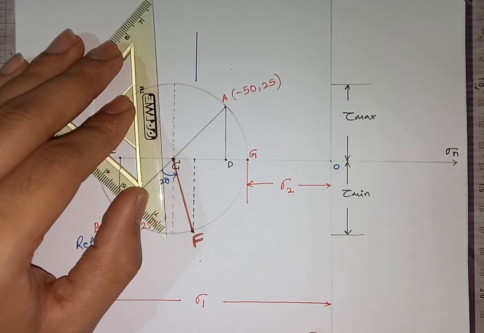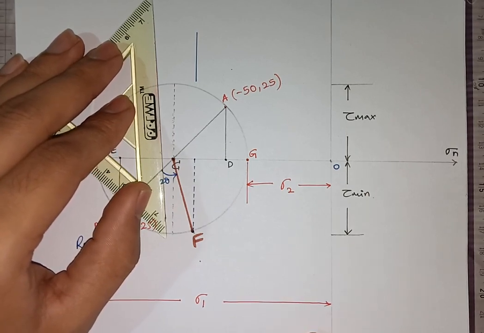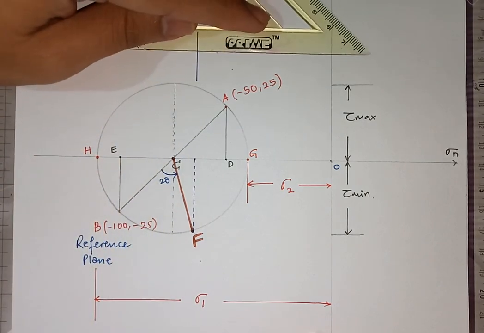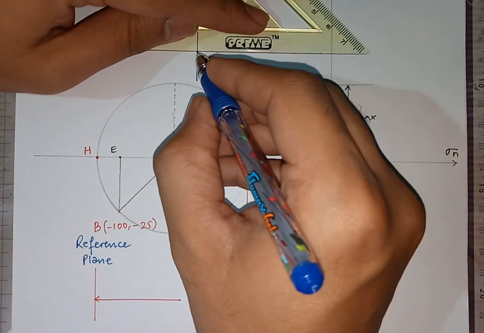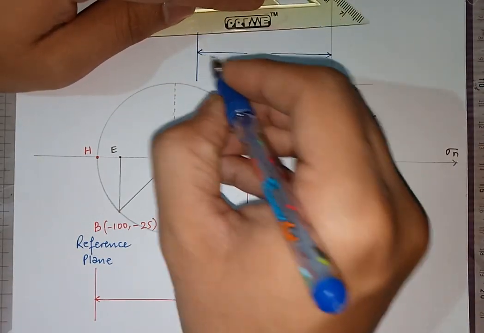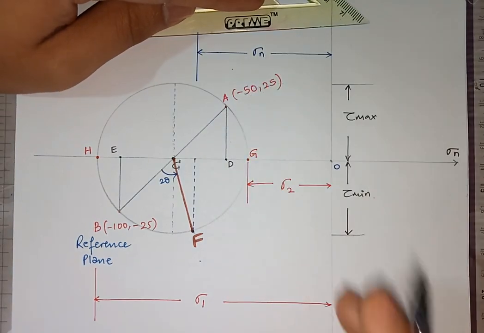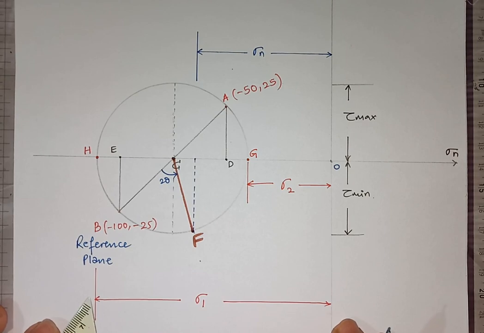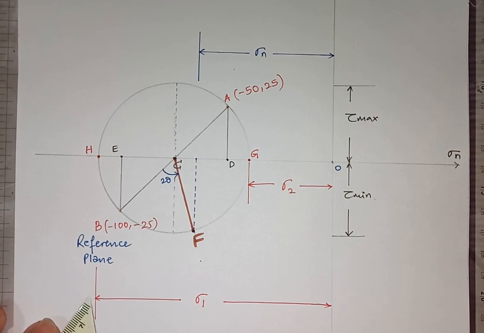Let me check out what will be this value. I will just write it as sigma n. Later we will measure it. So this is sigma n on oblique plane.